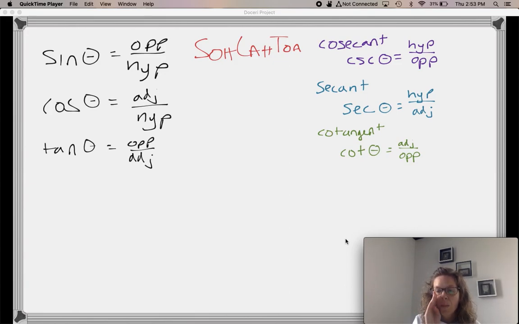However, when we think about a co, it's like a partner to it. And if we think about pilots, a pilot needs a co-pilot, but we don't really want 2 co-pilots because then in an emergency, who's in charge, right? So we want one standard function and one co-function. So sine matches with cosecant.